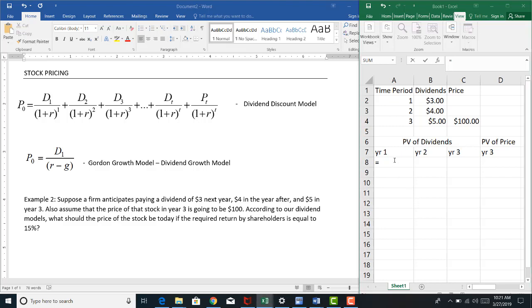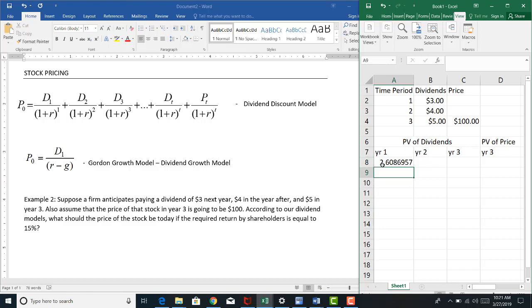Okay. So I've got here in Excel, I'm going to take the present value of these dividends and the present value of the price, and I'm going to add them up to figure out what the price is going to be today. So in year 1, I'm going to take D1 divided by 1 plus R raised to the power of 1. So this is going to be equal to D1, the dividend in year 1, divided by 1 plus R, where R is 15%, so 1.15 raised to the power of 1.